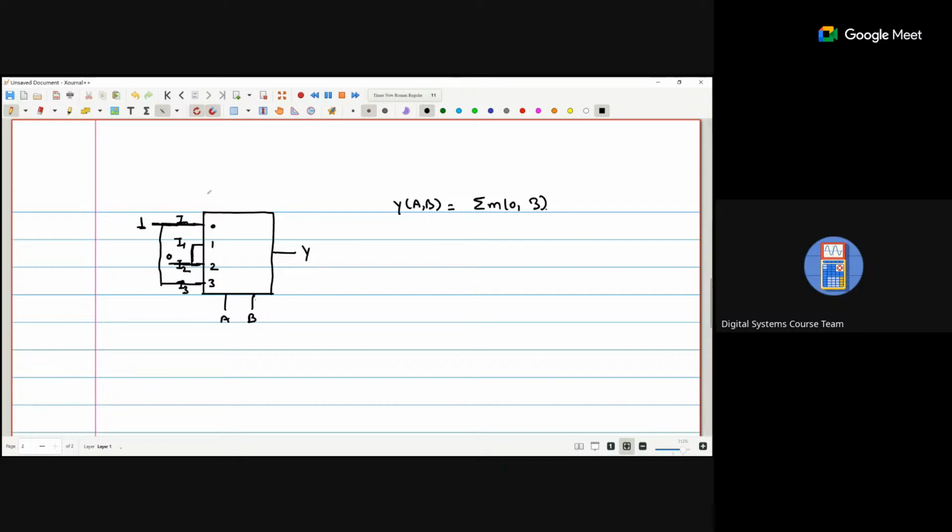So here we get Y of AB equal to sigma m 0, 3.